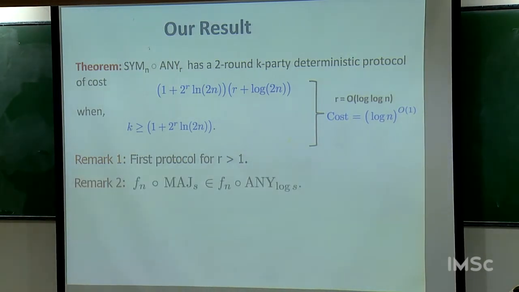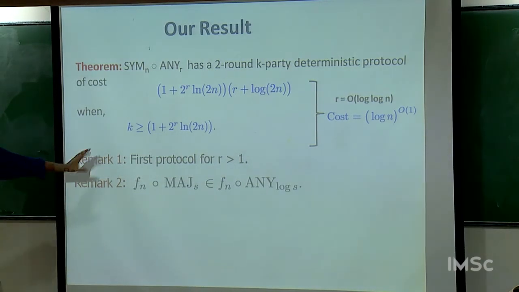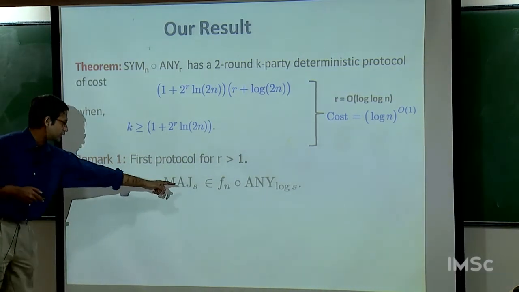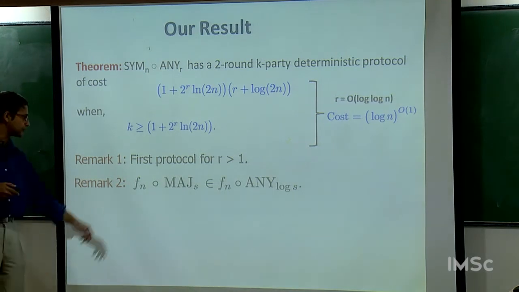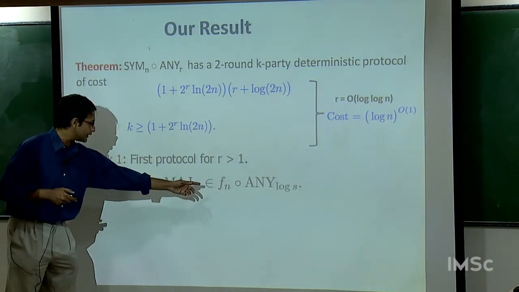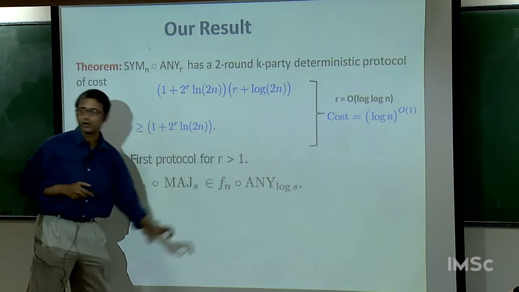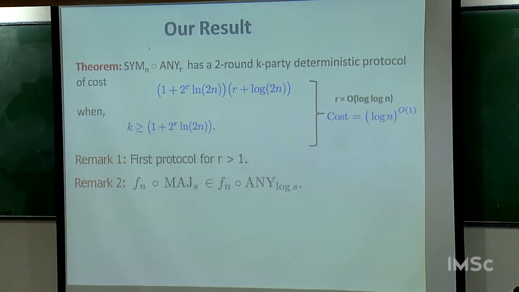The second thing is, notice that if you compose majority acting on S columns with any outer function, this is in the class of the outer function composed with some function over log S bits. Because you can replace the S columns in each row by the count of ones appearing in there, and that is enough. You still have enough information. The players can do this step completely by themselves without communicating.